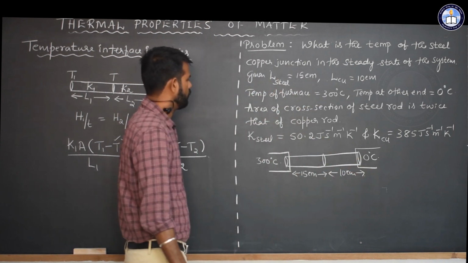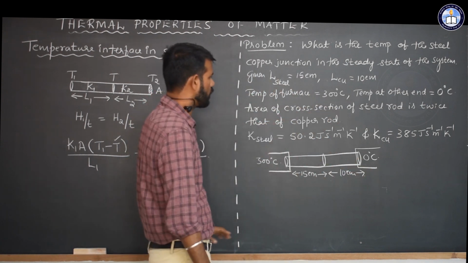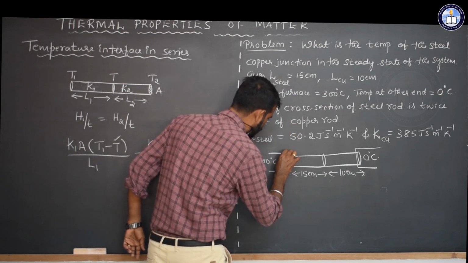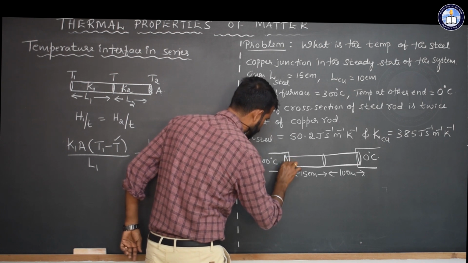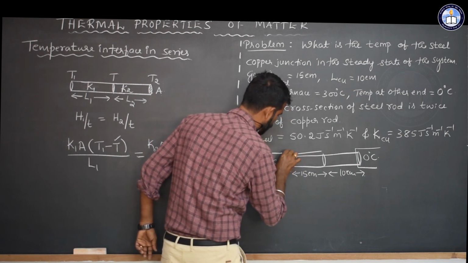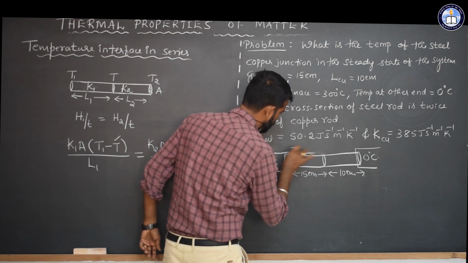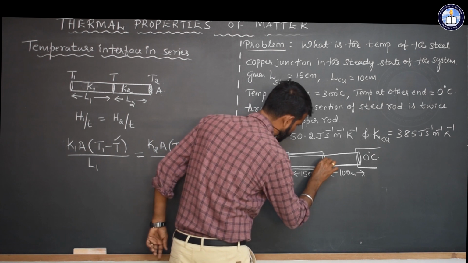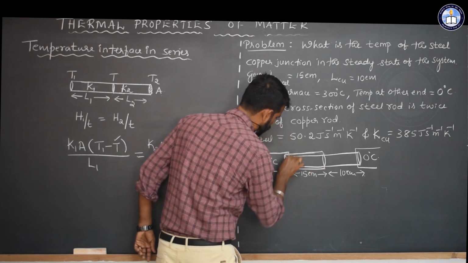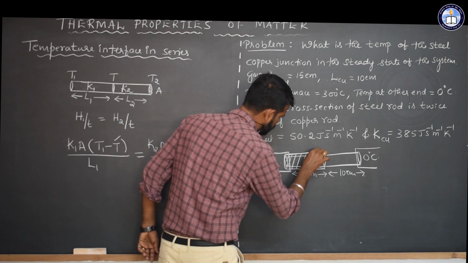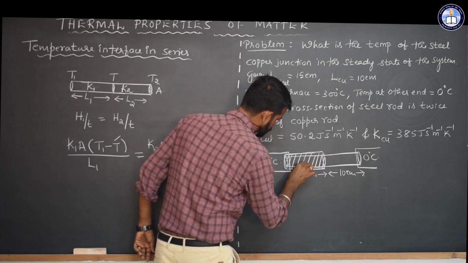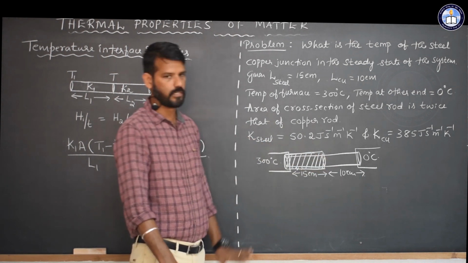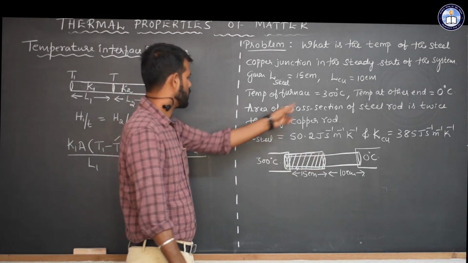Then the area of cross section of the steel rod is twice that of the copper rod. That means the steel rod has a larger area of cross section as compared to the copper rod, 2 times of that.